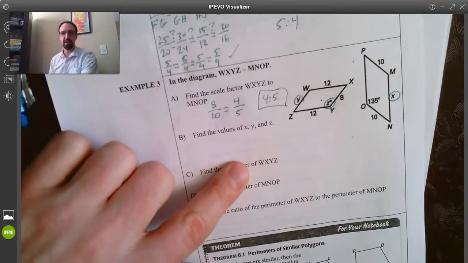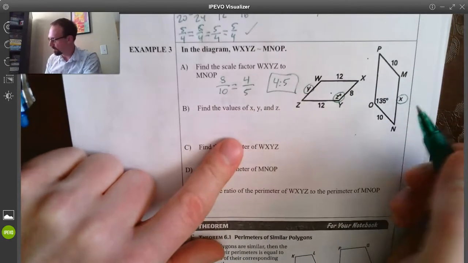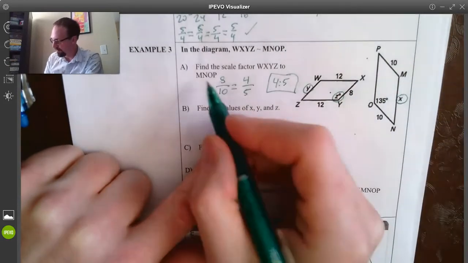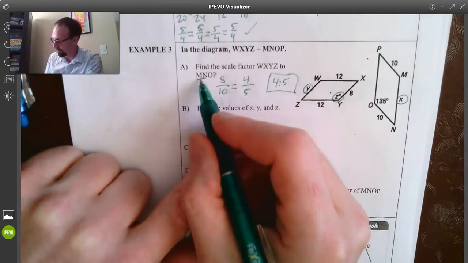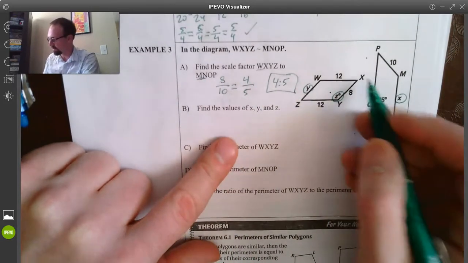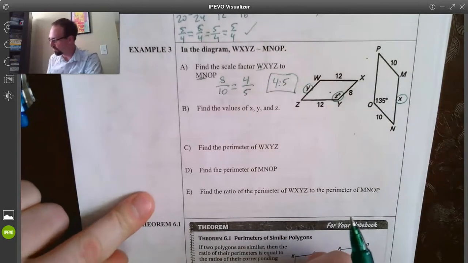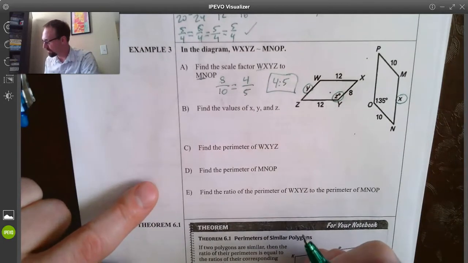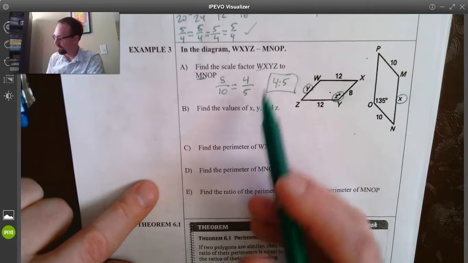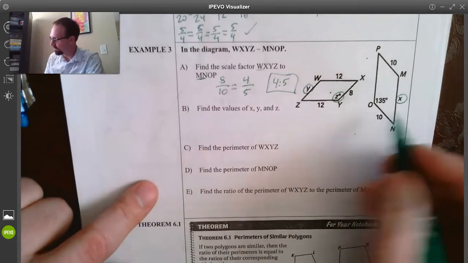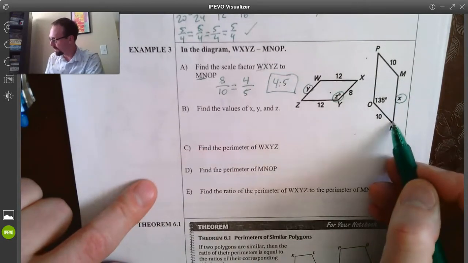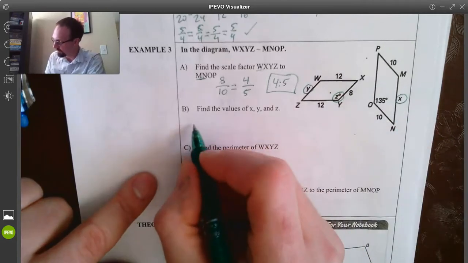I already found the value of x. We actually just talked about it in the previous one, because what I want to do is find m to n. M to n goes with the first two, so I need to find the set wx, knowing that it's proportional. So I know that m to n is x and wx.